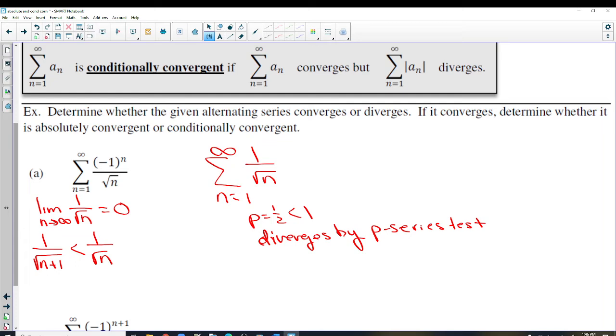So that's definitely going to be true. So this converges conditionally by the alternating series test. So it does converge, just not absolutely, conditionally.